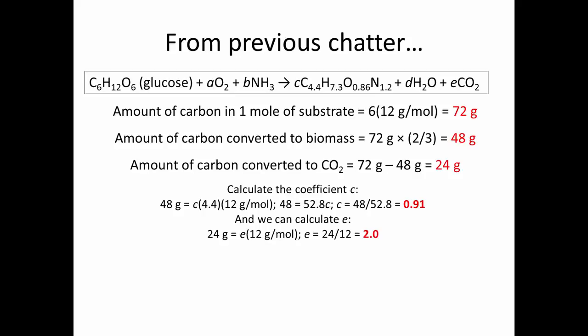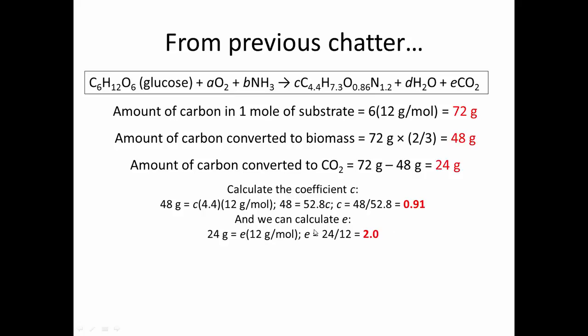coefficients. So we could get the C coefficient according to, so we had 48 grams as our biomass, which was equal to C times 4.4 multiplied by 12. So the 4.4 comes from the biomass multiplied by 12, and that gave us 48 equals 52.8 C, and we could then calculate our C as 0.91 here.